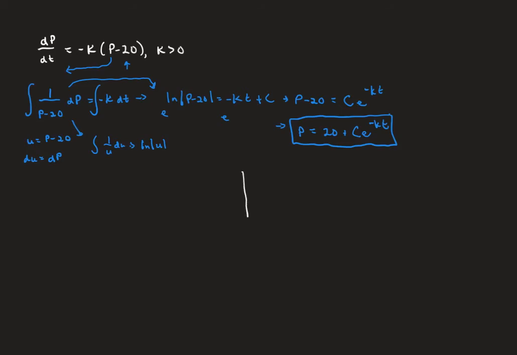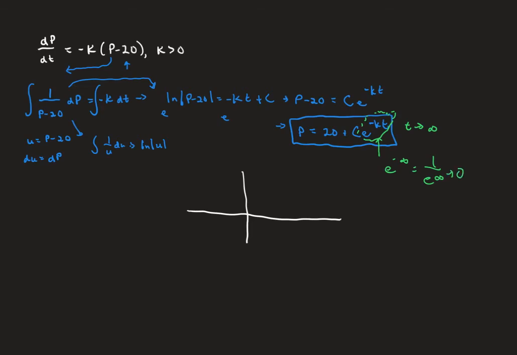If we wanted to see what is happening here, since k is a positive constant, as t goes to infinity, this e to the negative kt is going to become e to a very large negative number, which is the same thing as 1 over e to a large positive number, and that is going to go to 0.